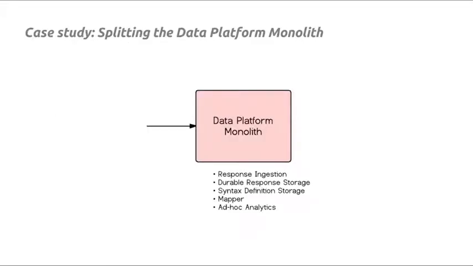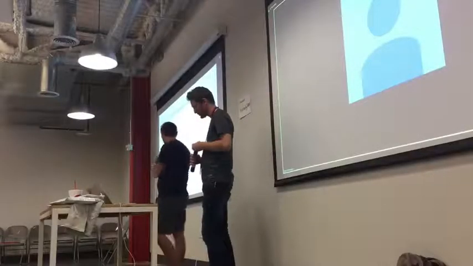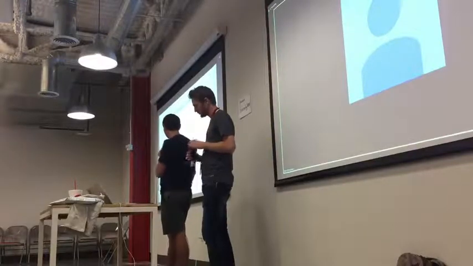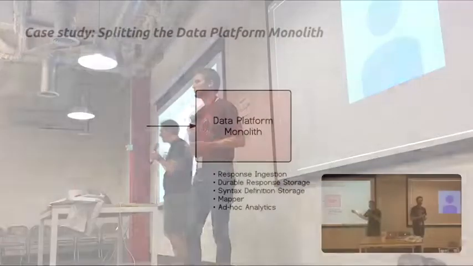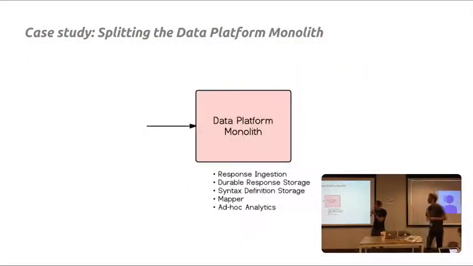So with that, I guess we could talk through this quick case study of how we were able to split, or at least start the process of splitting, one of these monoliths. We have what we'll call the data platform monolith, which handles a lot of various tasks. Think about ingesting survey responses, doing analytics against those, storing various things, and transforming and mapping pieces of data.